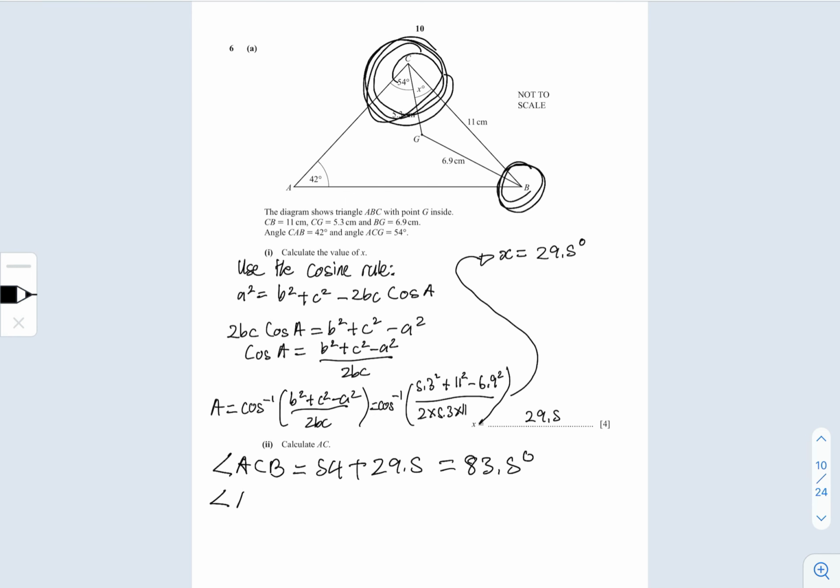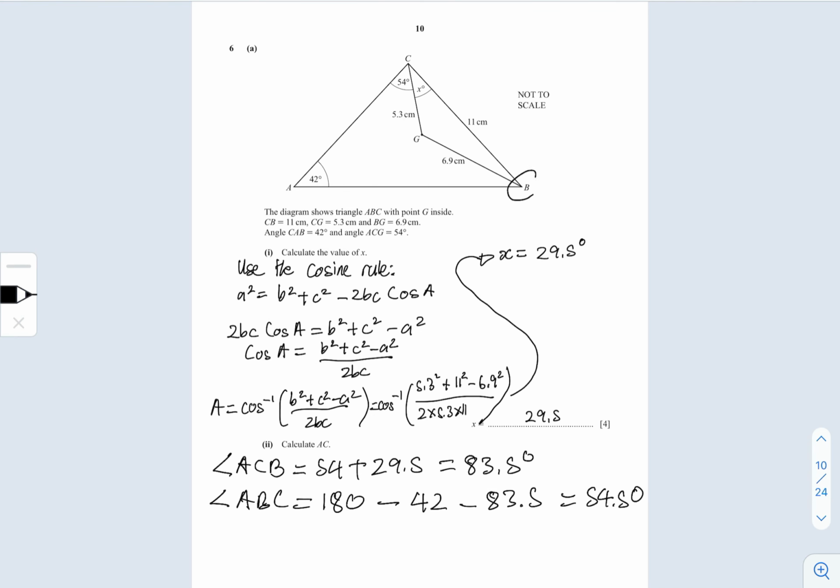Angle ABC equals 180 degrees, which is the total when you add all three together, minus 42 minus 83.5. This gives you 54.5 degrees.